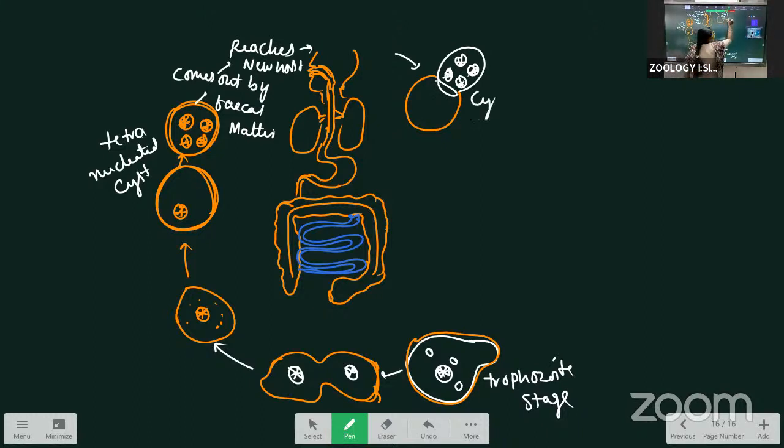Cyst wall ruptured in the small intestine by the trypsin enzyme.